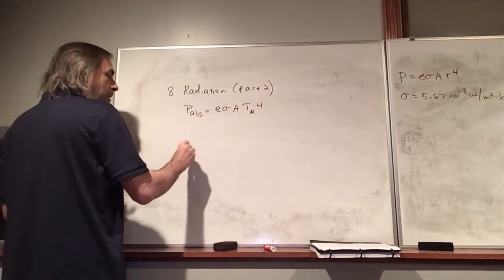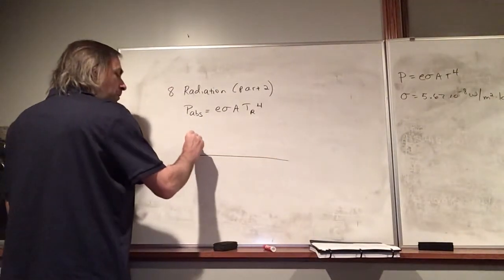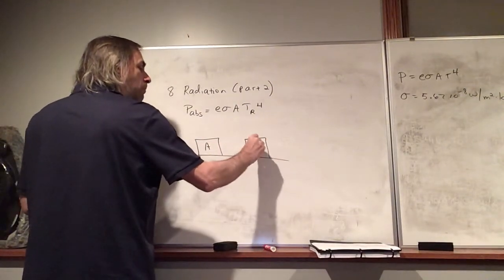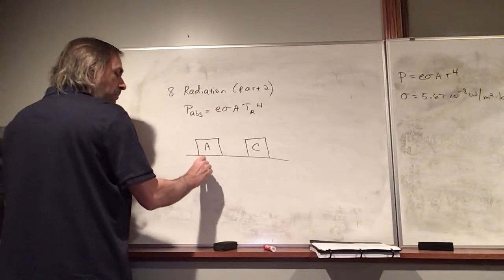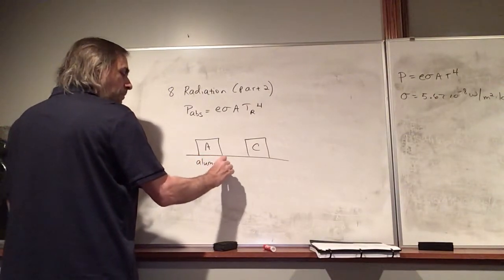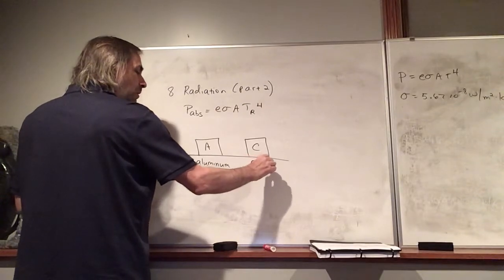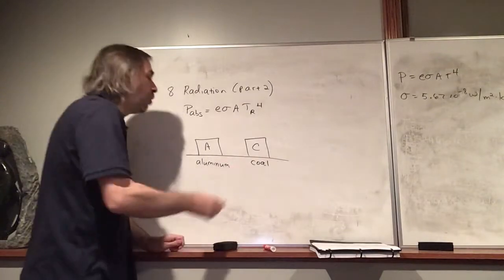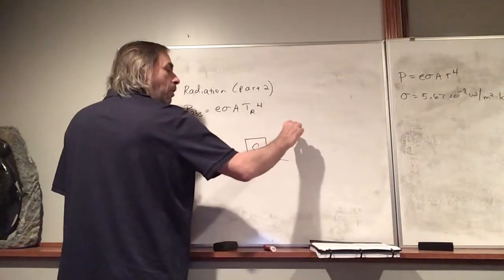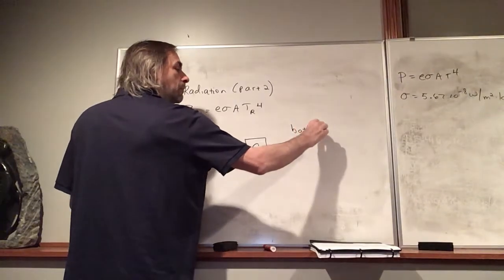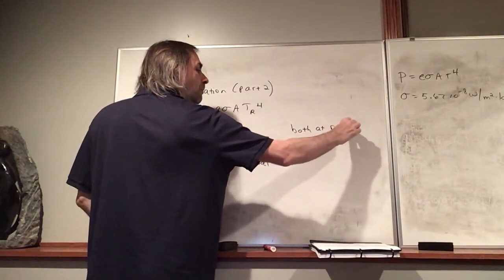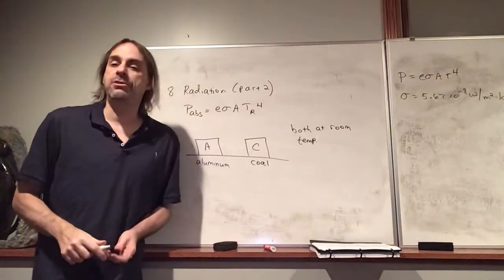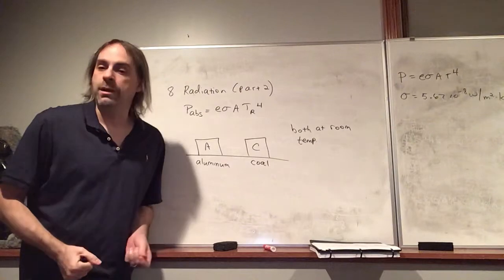Say we have a block of aluminum and a lump of coal. And which one is radiating more energy? Now, say they're both at room temperature. So which of these two objects is radiating more energy?